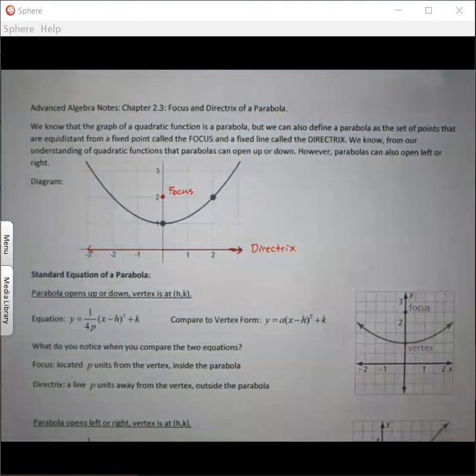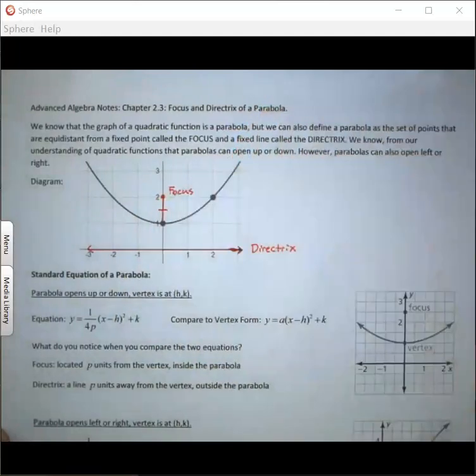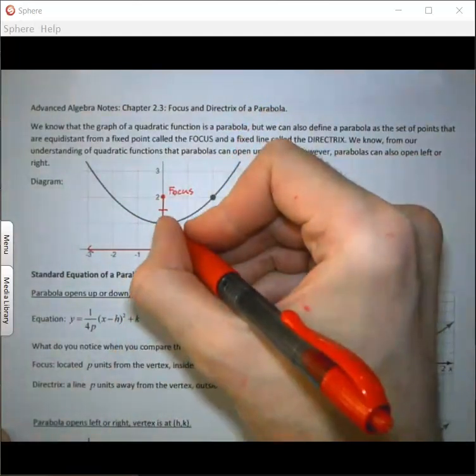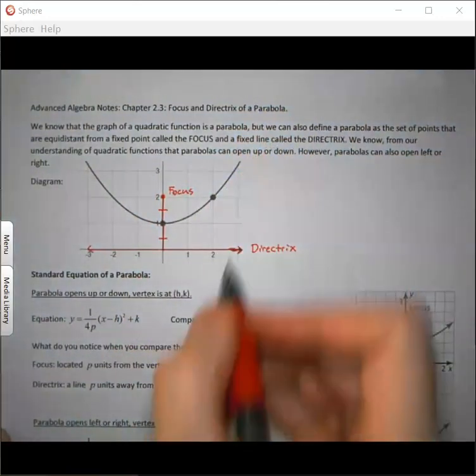Another way to say that is, for any line and point, you can use those to define a parabola. Any point on the parabola is going to be the same distance from the focus and the directrix. And this will work for any point.